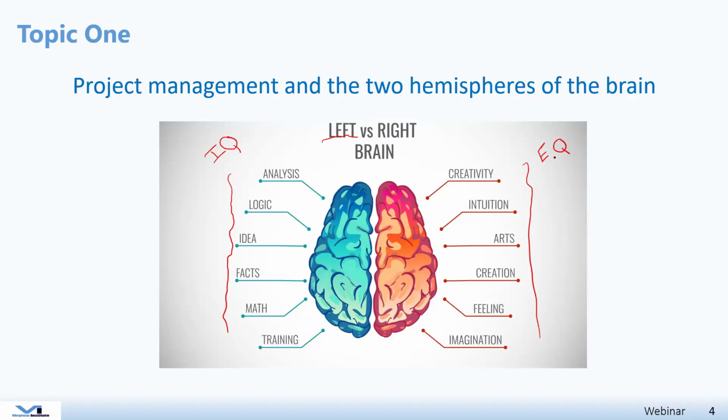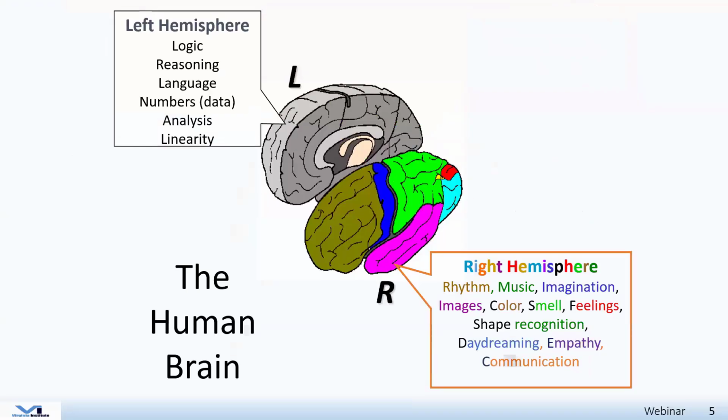So if we look at a further detail here, you can see that the left hemisphere, the left part of the brain, has to do with these functions again: logic, reasoning, language, analysis, and all of these functions are mandatory for any project manager because they are important to manage your project tasks, and you depend on them more when you are at a junior level as a project practitioner.